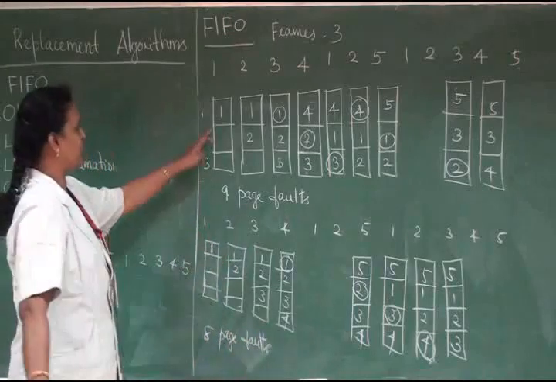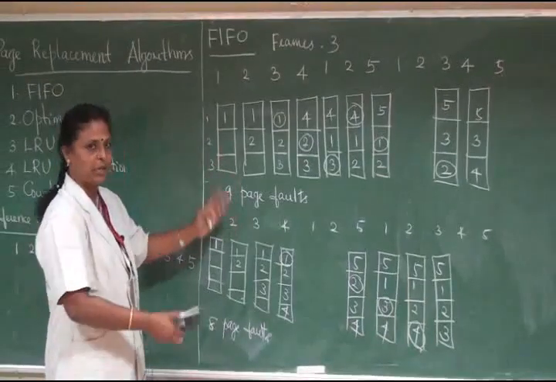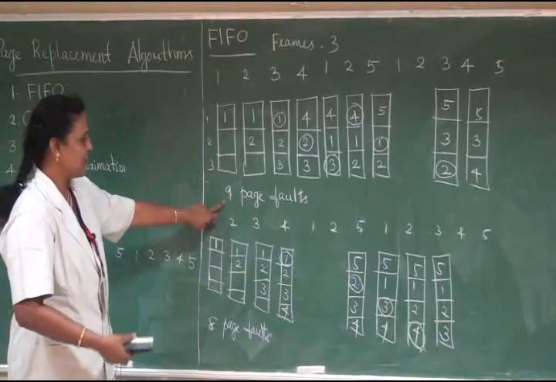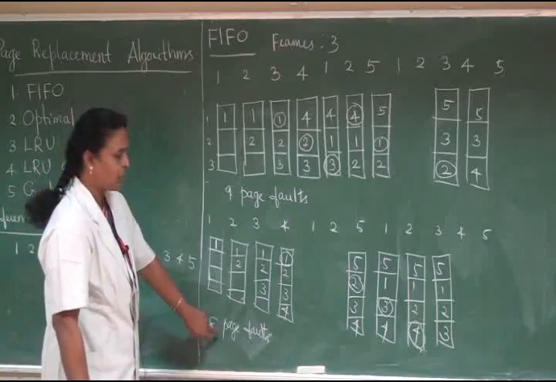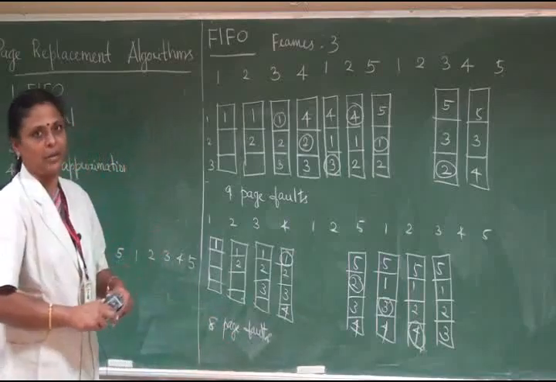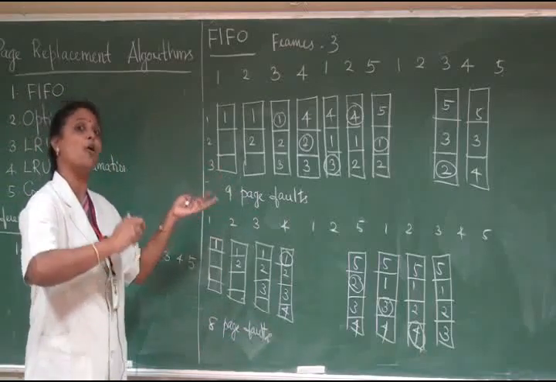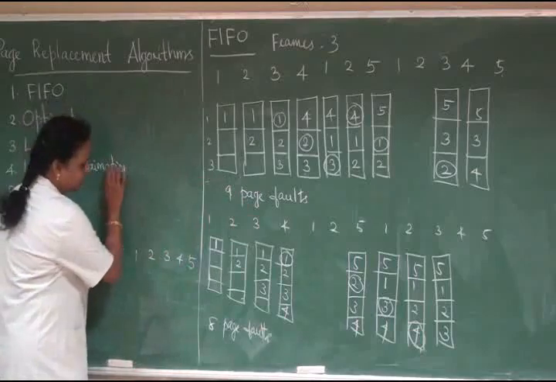So if the number of frames is increased, then definitely the number of page faults will be reduced. For 3 frames the page faults are 9, but for 4 frames the page faults are 8. But sometimes if the number of frames is increased, the number of page faults will also increase. That effect is called Belady's anomaly.